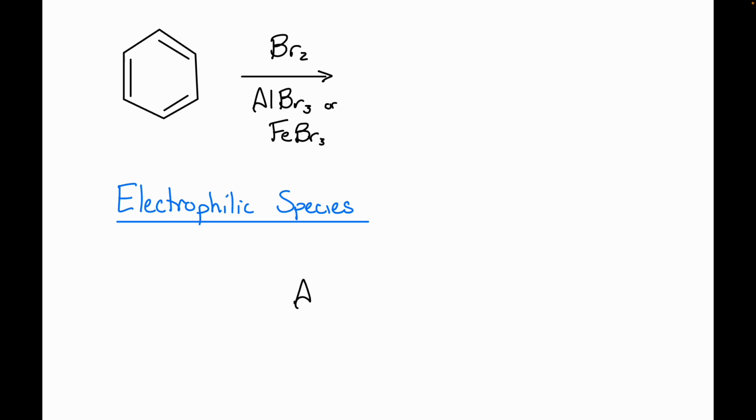Both of these, aluminum bromide, iron 3 bromide, kind of the deal is that the metal ion itself accepts pairs of electrons, and so that's what it does. It reacts with this bromine molecule and kind of grabs one of the lone pairs, creating this complex here.